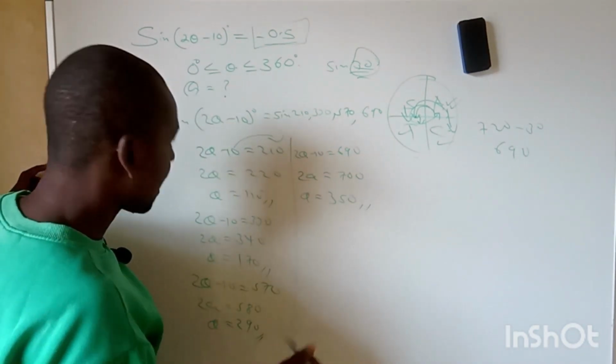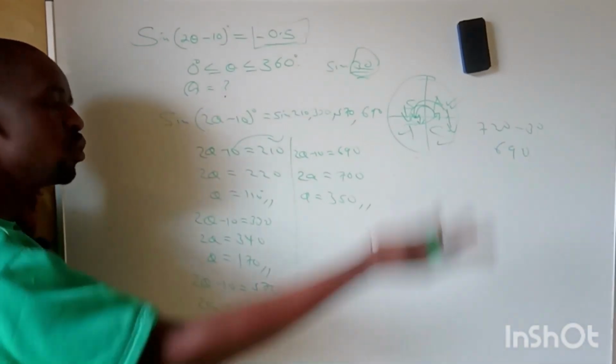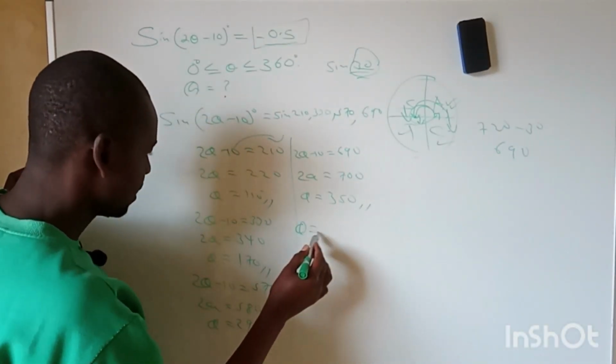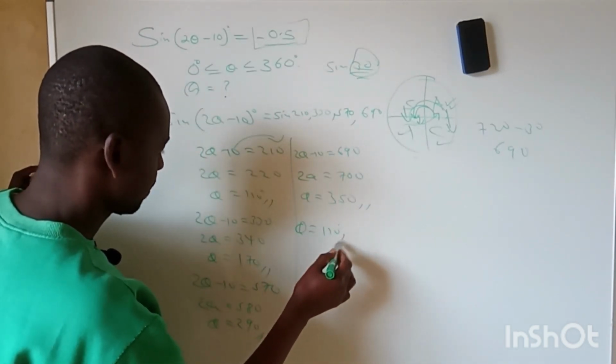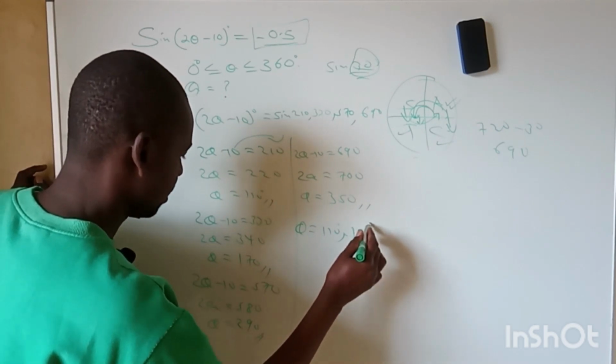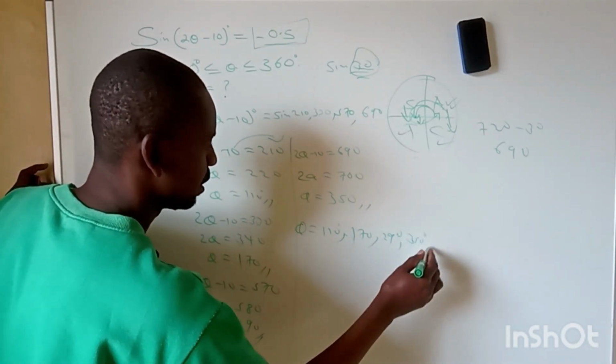So for our theta in the range, remember we were asked for the range from 0 to 360. When you go to the third round, it will be more than 360. So the values of theta that we are asked for are 110 degrees, 170 degrees, 290 degrees, and 350 degrees.